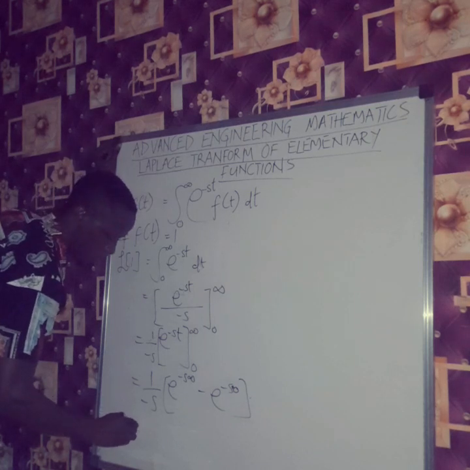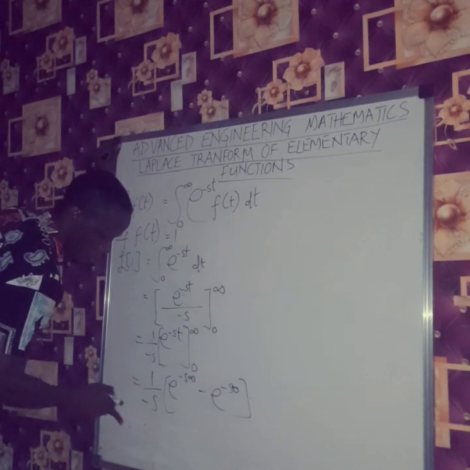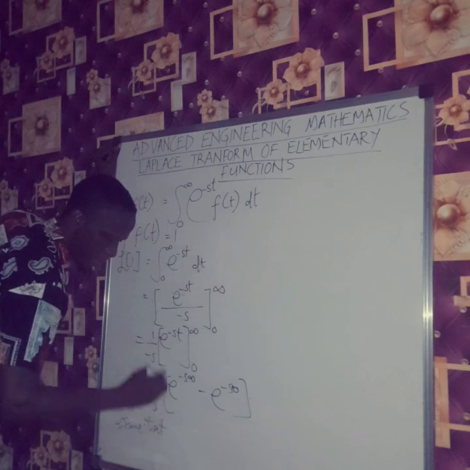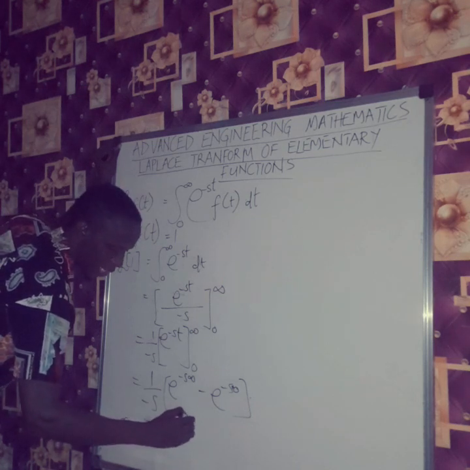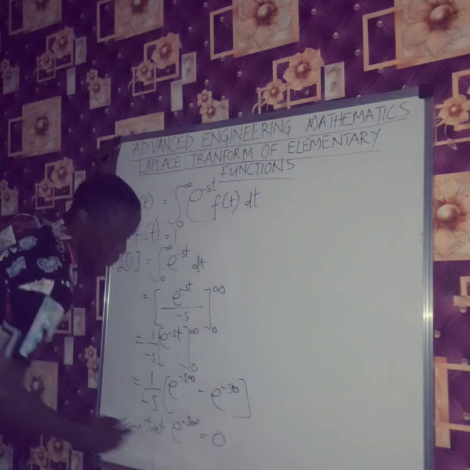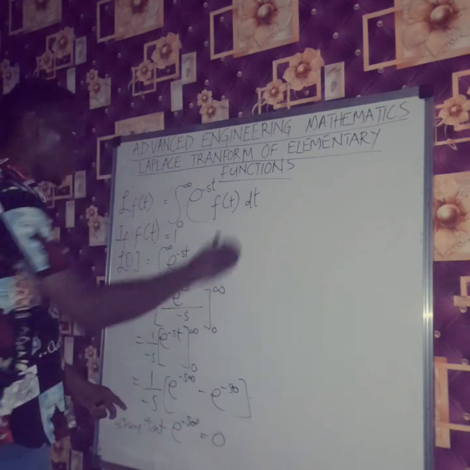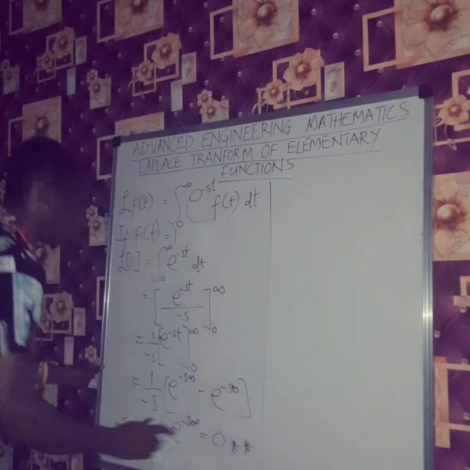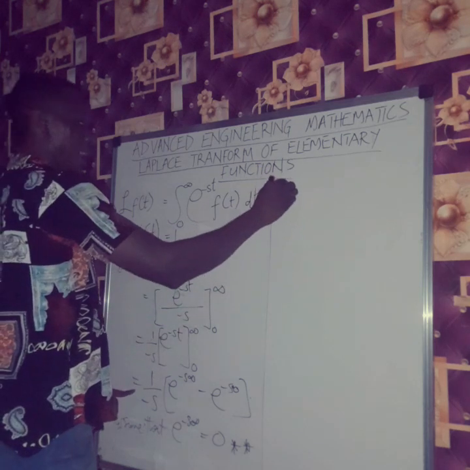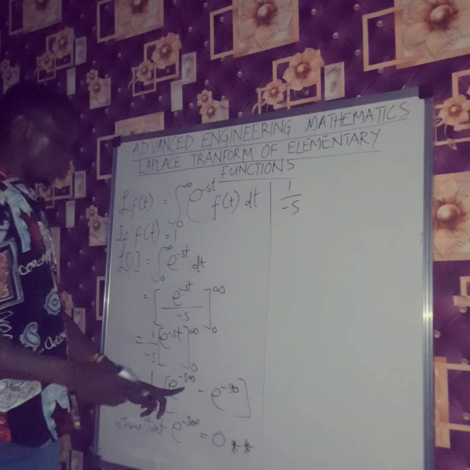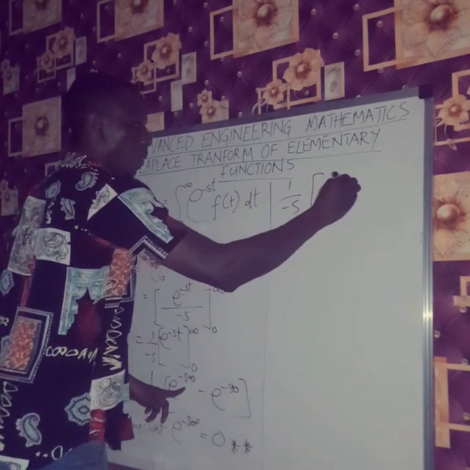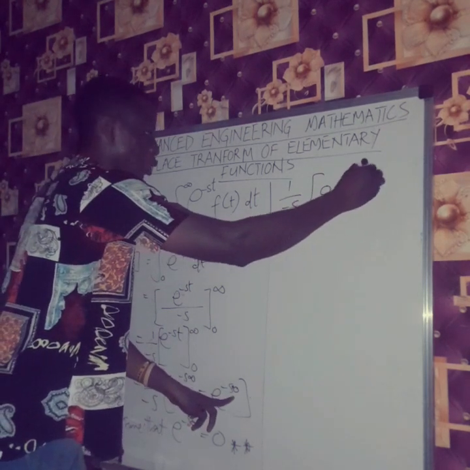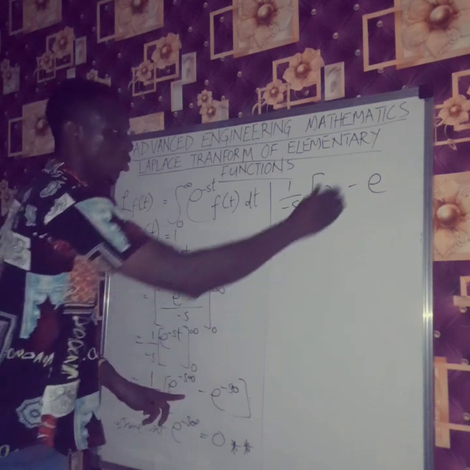We make assumptions here. Assume that e raised to the power minus s infinity is equal to 0, or approximately 0. Please take note of this; I'm going to explain again why I'm using this assumption. So we have 1 over minus s, and if this is 0, I have open bracket 0 minus e raised to the power minus s times 0, which is e raised to the power 0, which is 1.